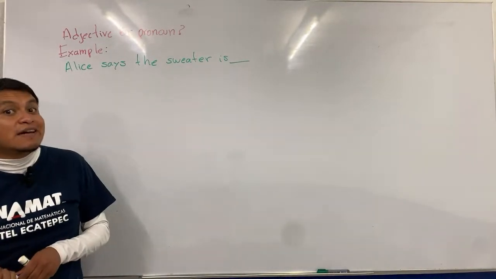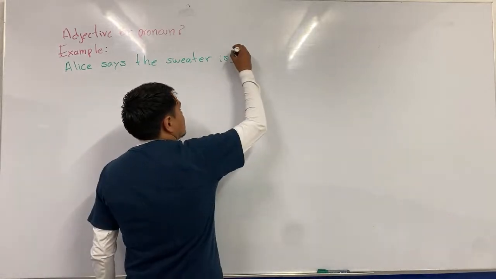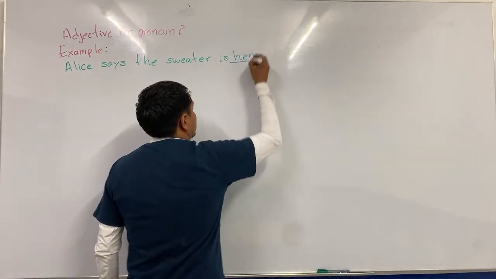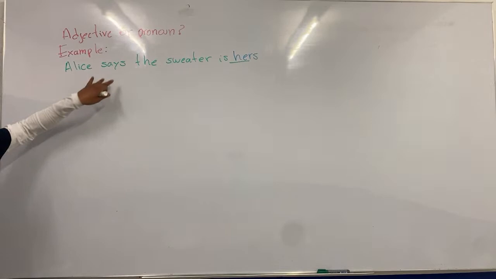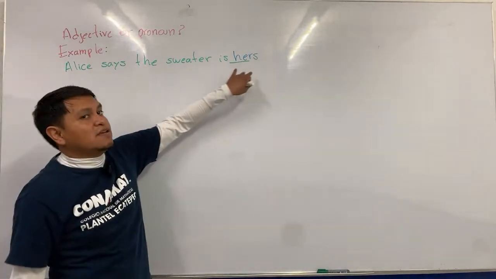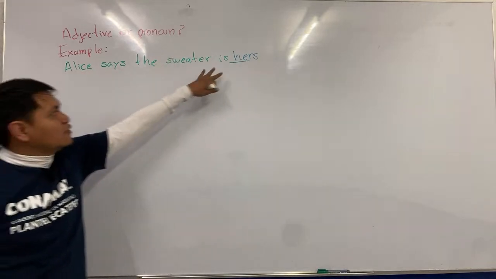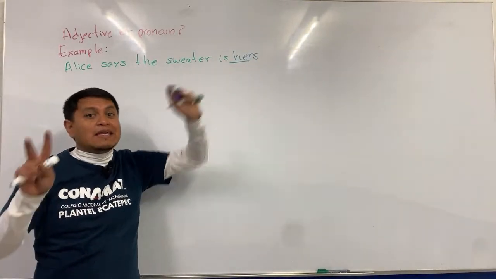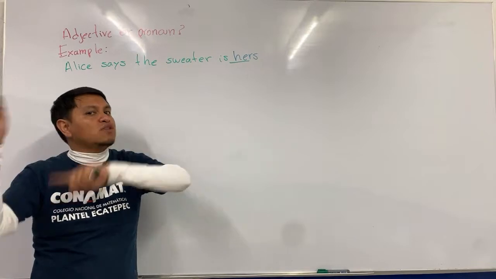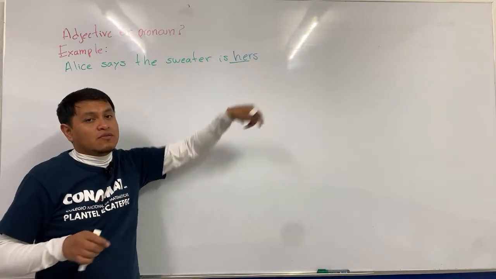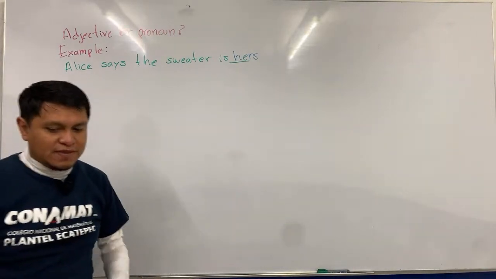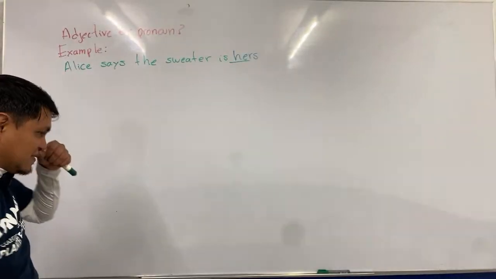In this case, hers, right? Alice says the sweater is hers. I mean in Spanish, Alicia dice que ese suéter es suyo de ella, ¿ok? Suyo de ella, femenino. Now, the exercises are the next.